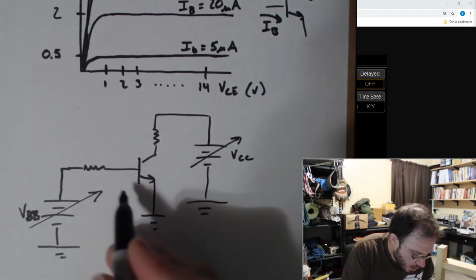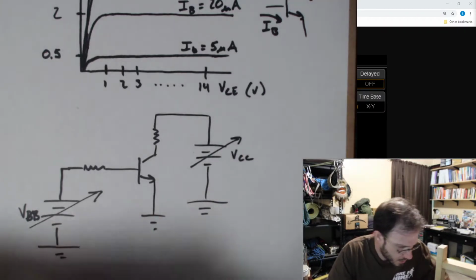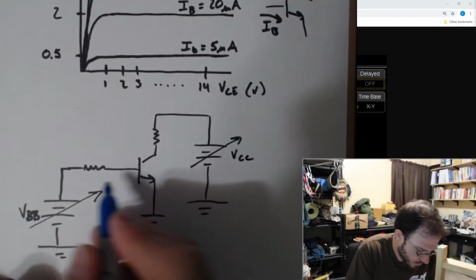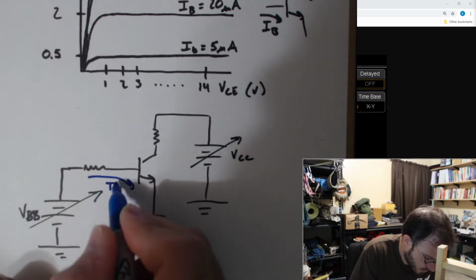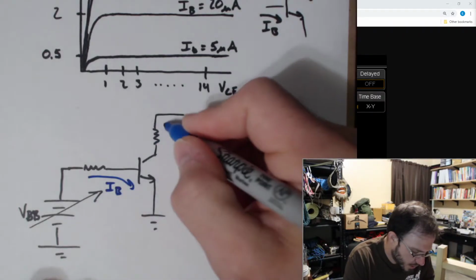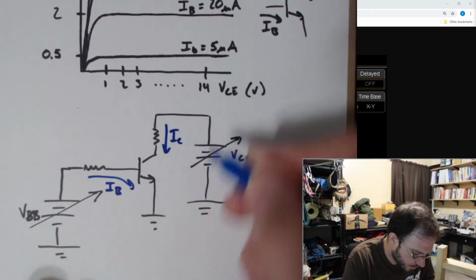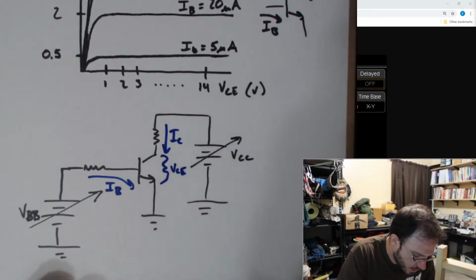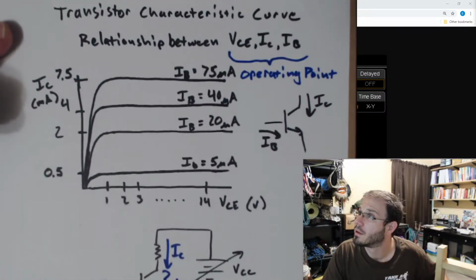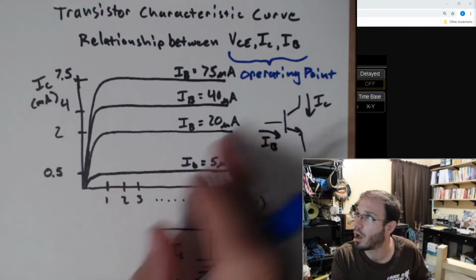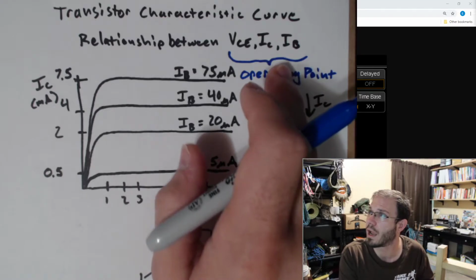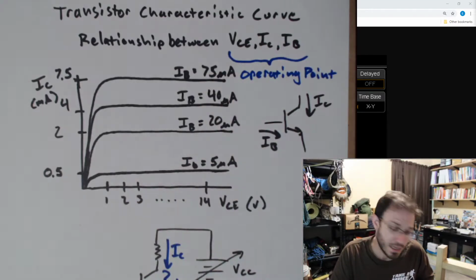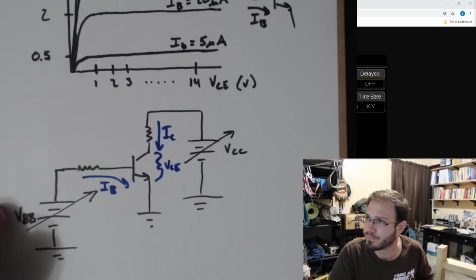And then, of course, we are plotting the base current, the collector current, and VCE, trying to see the relationship between all of our operating point parameters, our VCE, IC, and IB.